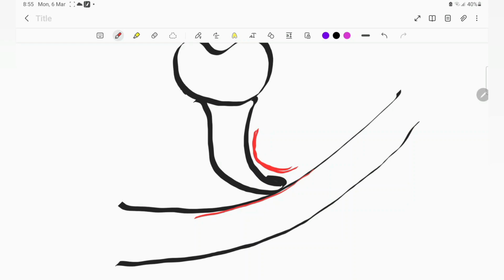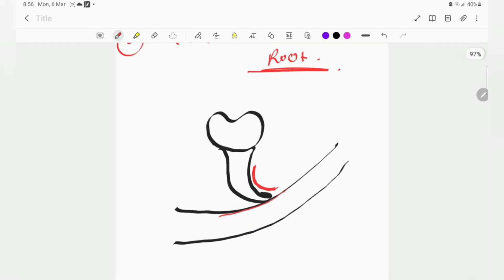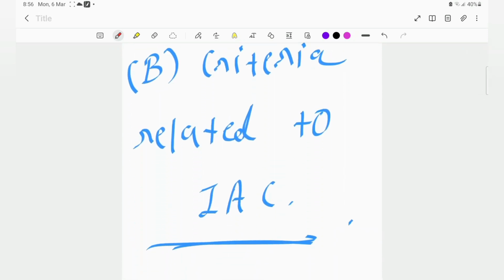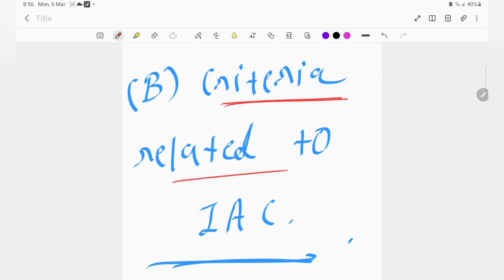Okay, it is kind of a dilaceration situation, right? But it is a sudden bend of the molar root. So this is our third classification. Now we will move towards the other one, which is criteria related to the inferior alveolar canal.